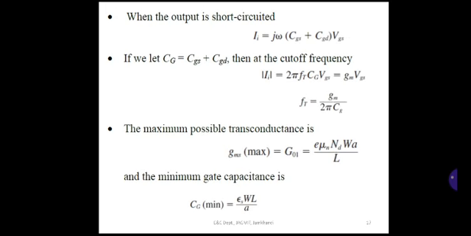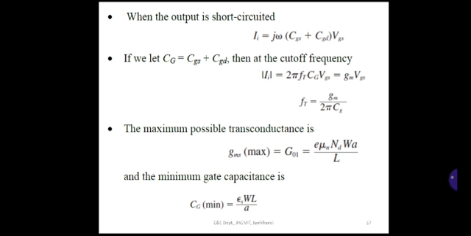The cutoff frequency Ft is defined as the frequency at which the magnitude of the input current Ii is equal to the magnitude of the ideal output current gm VGS of the intrinsic transistor.